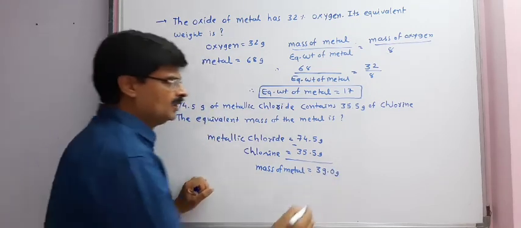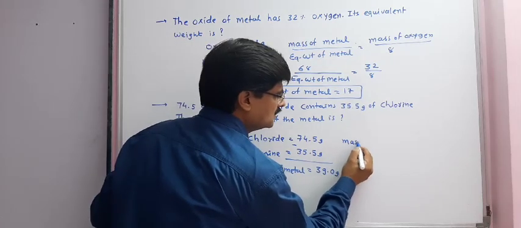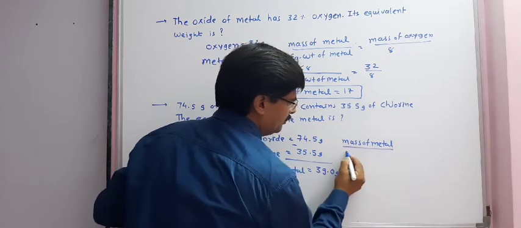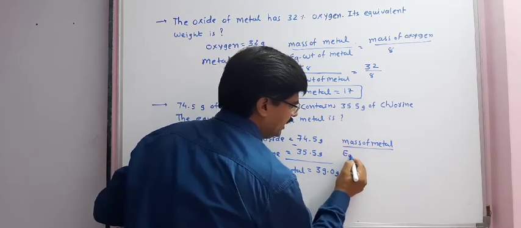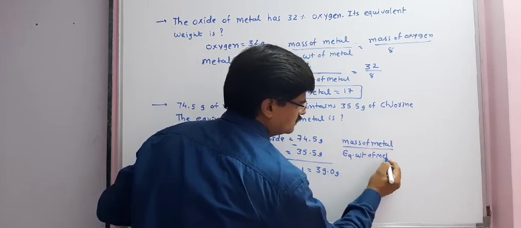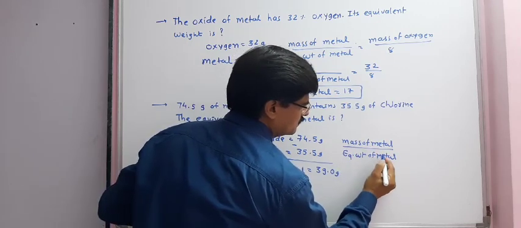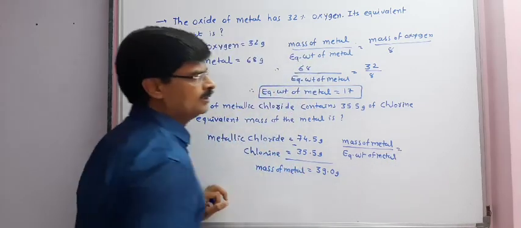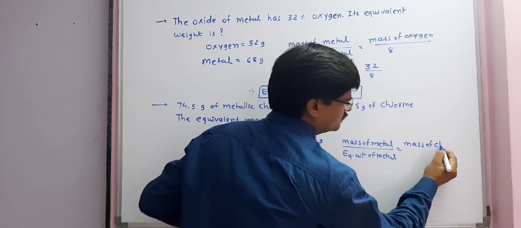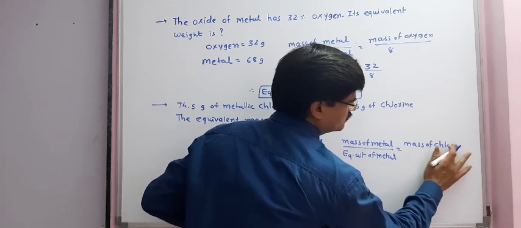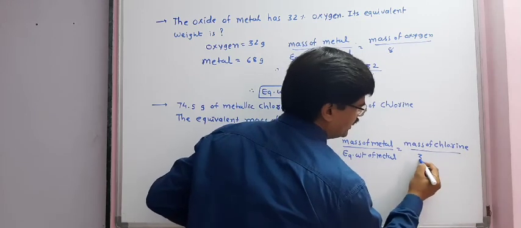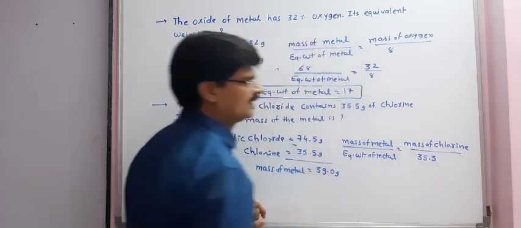Now applying the formula, mass of metal upon equivalent weight of metal is equal to mass of chlorine upon 35.5.